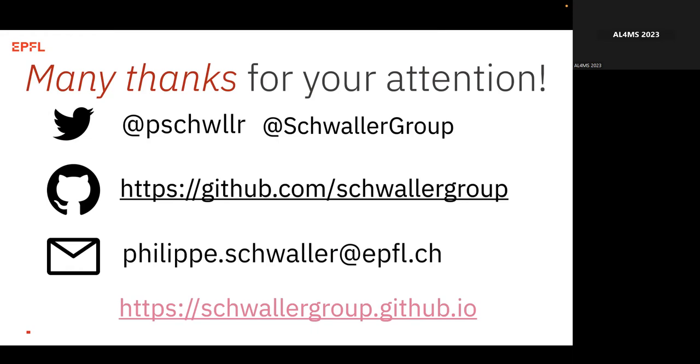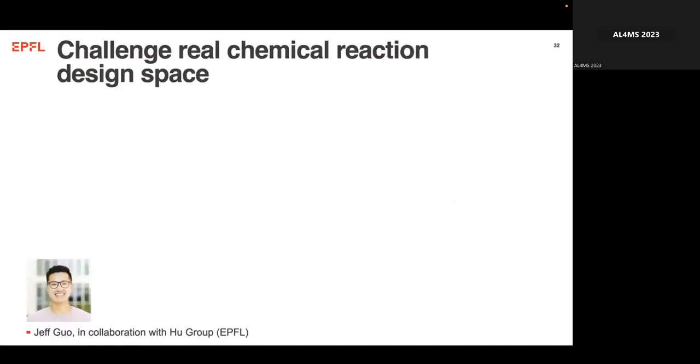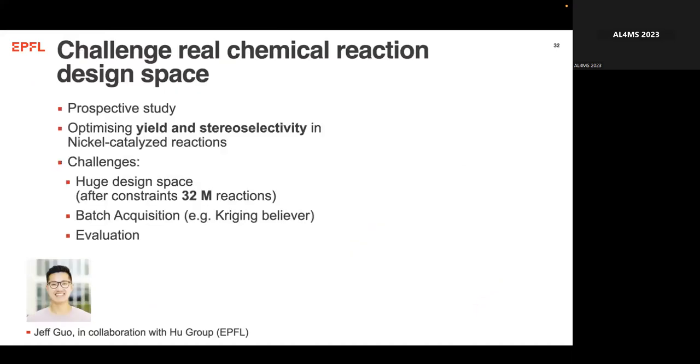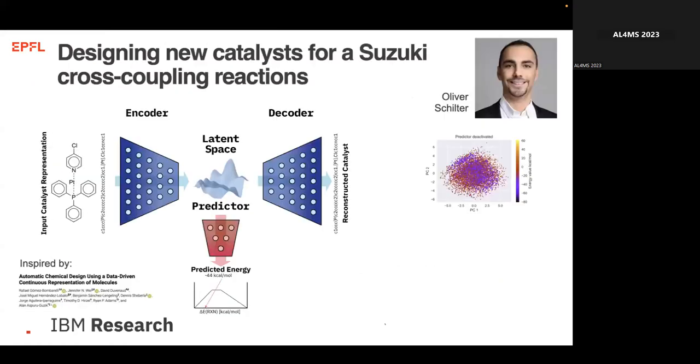No, completely, no, it's not an input variable. Let me just, I think it's here. It's basically we had DFT calculated oxidative energies for some of the catalysts in the training set.